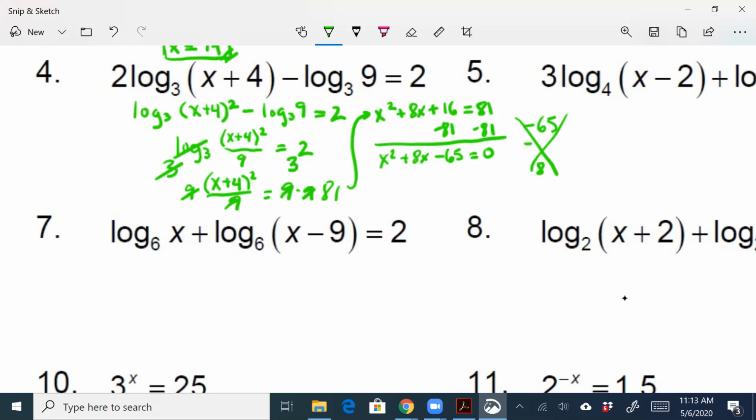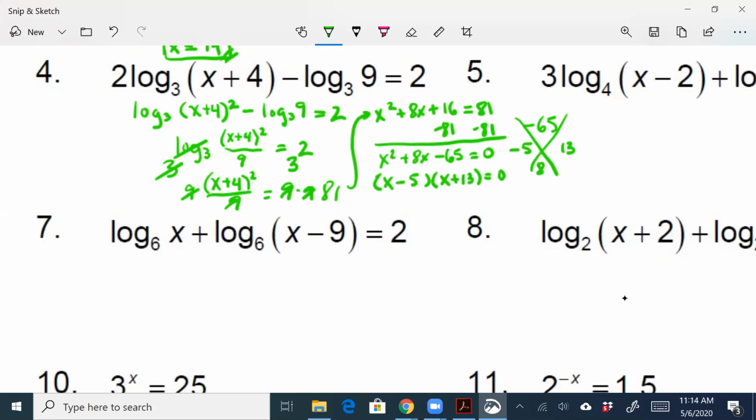So I'm going to use those numbers 5 and 13, but to get negative 65, one of them has to be negative and the other has to be positive. And since 8 is positive, our larger absolute value would have to be positive. So put positive on 13 and negative on 5. And so this factors out to x minus 5 and x plus 13.